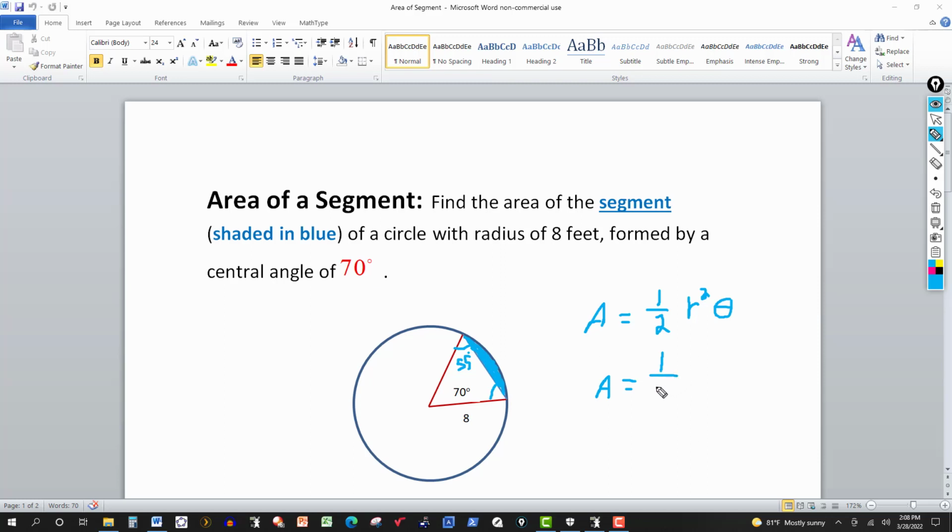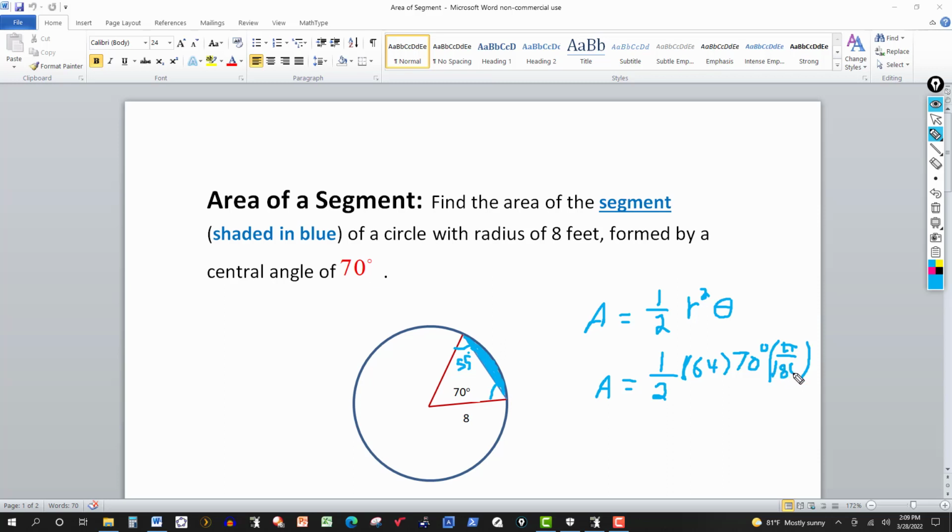To find the area of the sector, we would have 1/2, and then the radius squared. 8 squared is 64, so this would be 64, and then times the angle in radians. So we would multiply this by 70 degrees, and then multiply this in turn by a factor of pi over 180.